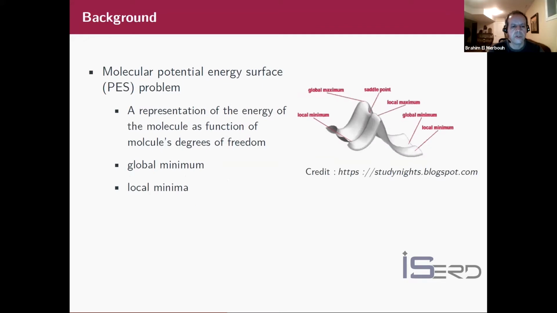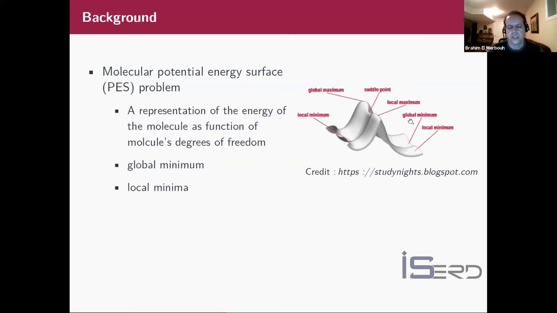So what is the potential energy surface? It's basically a representation of the energy of the molecule as a function of its degrees of freedom. As you can see in this figure, we can see a simpler representation of this surface for simple molecules that have only 2 degrees of freedom.